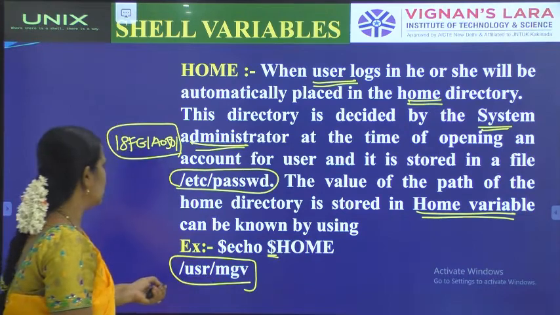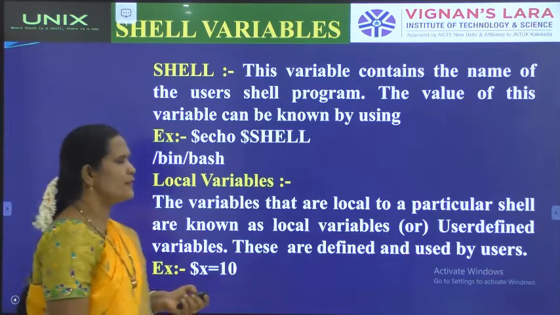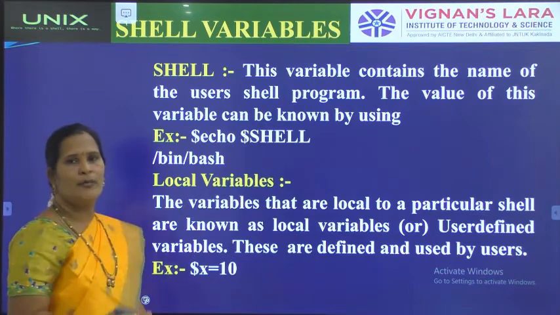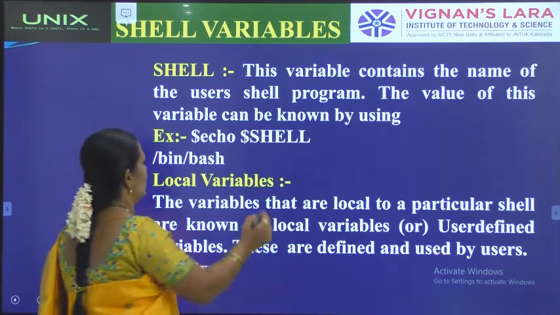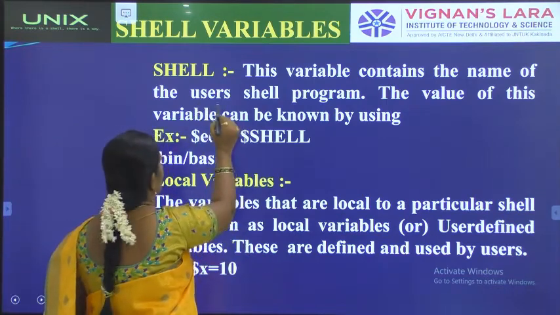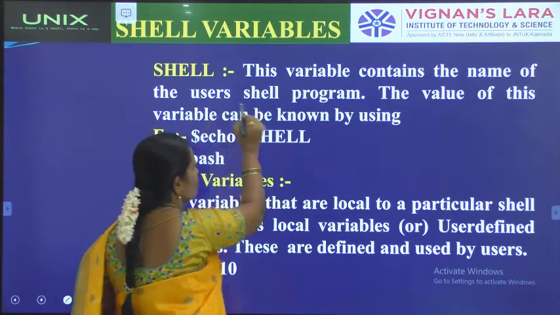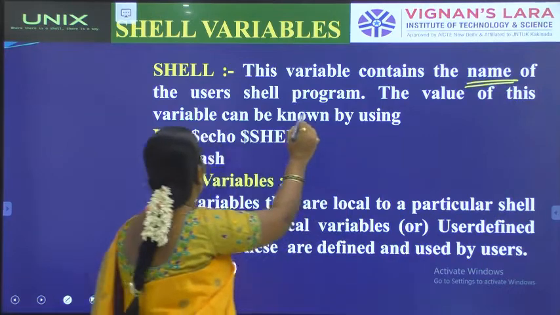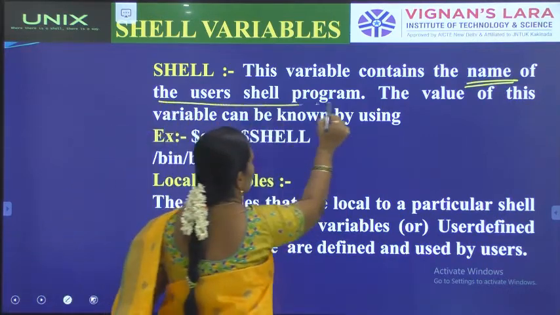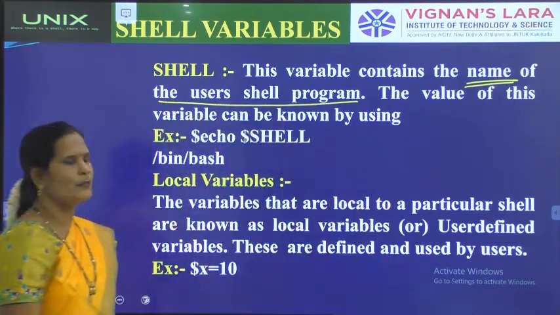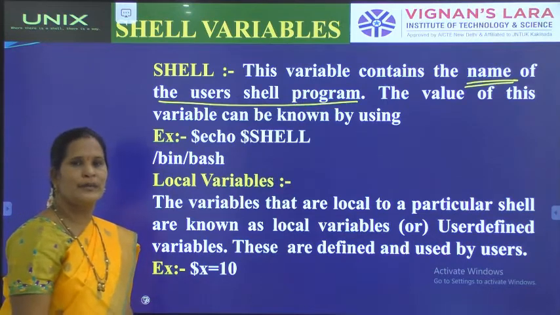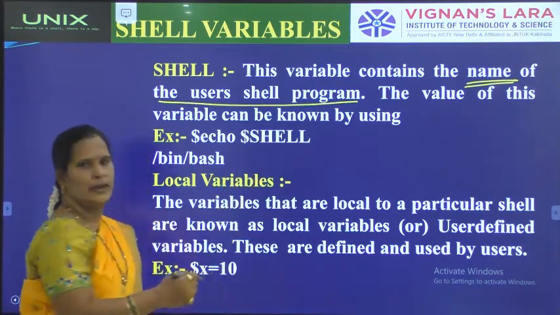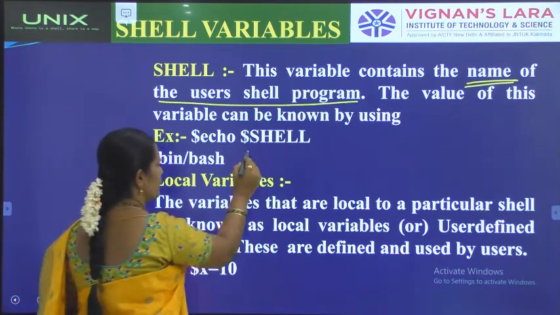And the last one is the SHELL variable. This variable contains the name of the user's shell program. The value of this variable can be known by using SHELL. In order to view that value, echo space $SHELL.